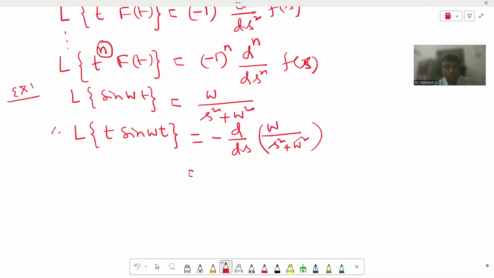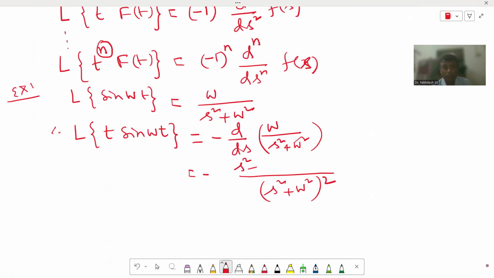So, if we do the differentiation, this is minus, at first denominator whole square. That means if there is a whole square in the denominator, then remember that the original function is multiplied by t. Okay?